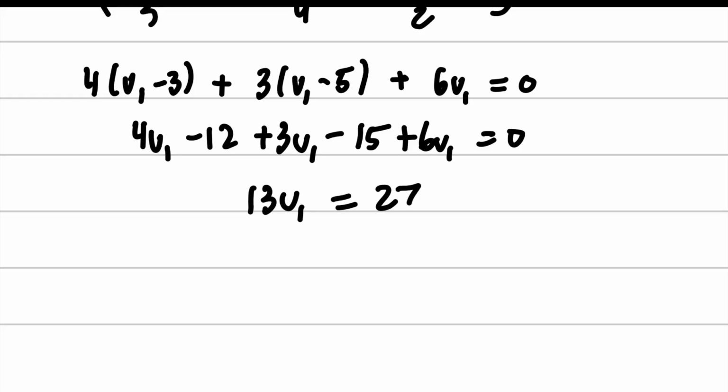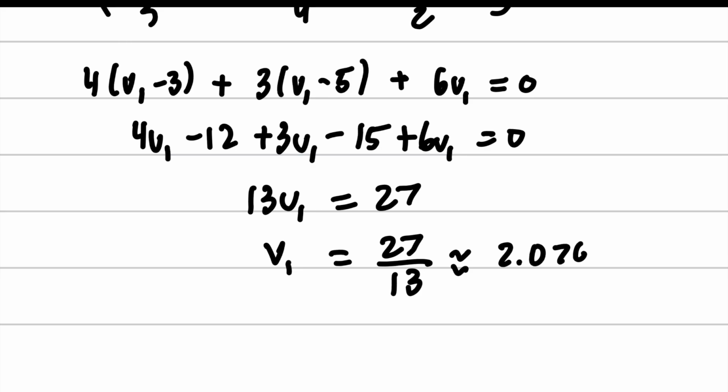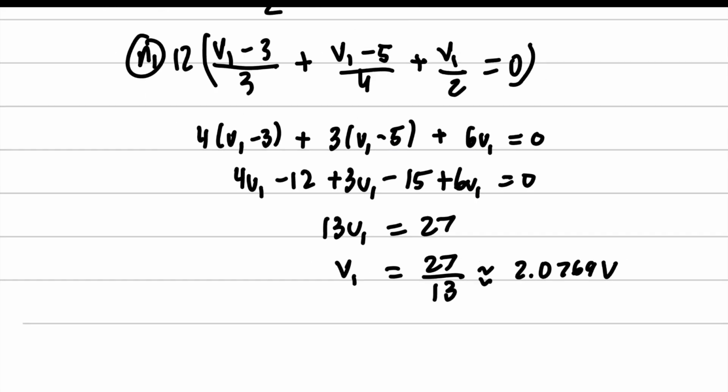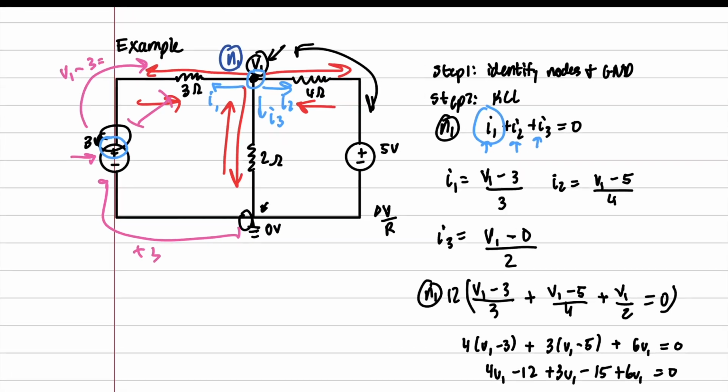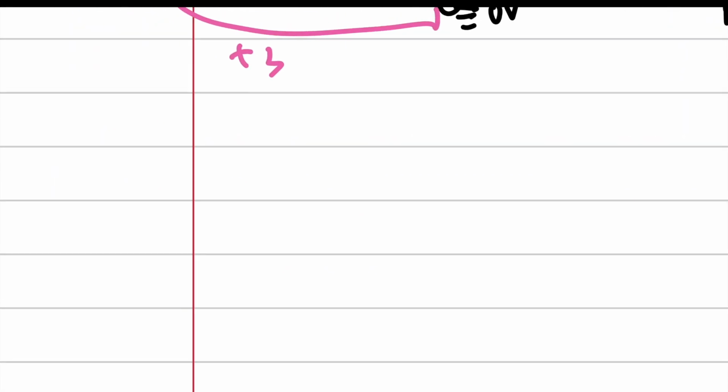So V1 is equal to 27 over 13, or using the calculator, about 2.0769 volts. Okay?